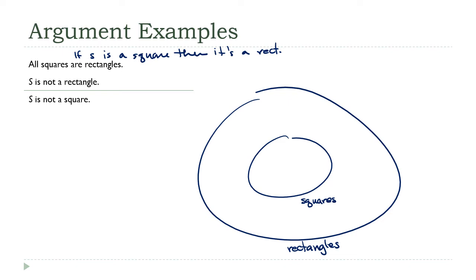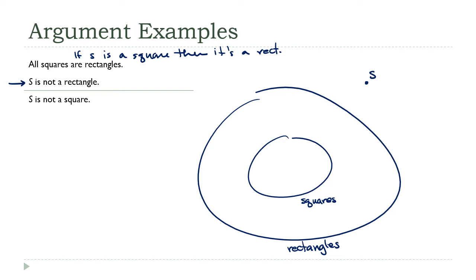All right, so now my second statement here, we're looking at a specific shape that is not a rectangle. So remember, individual items, individual objects get represented by dots, not circles. So I need to put a dot on my diagram for S, and because S is not a rectangle, it has to go outside the rectangle circle.